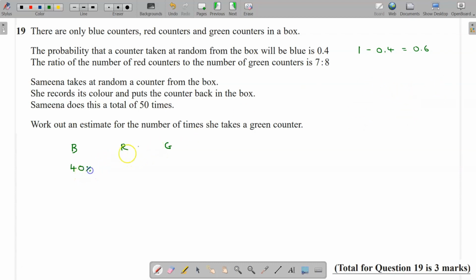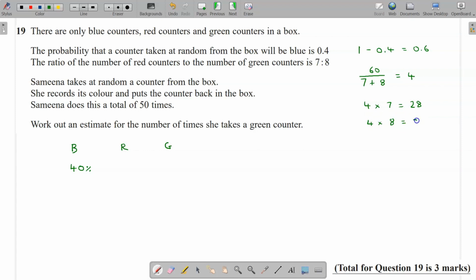Now, I notice that 7 plus 8 makes 15. So 7 plus 8 is 15, and 15 goes into 60 four times, you see. So if I take 4 times 7, I'll just show my working: 4 times 7 is 28, and 4 times 8 is 32.